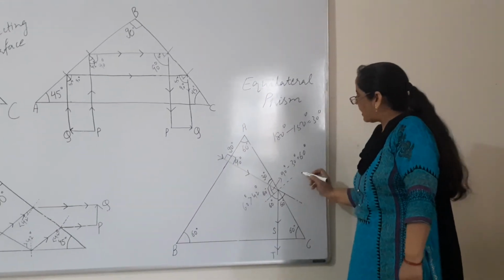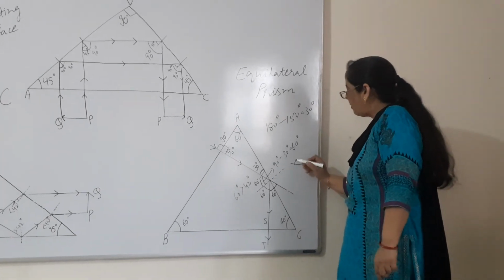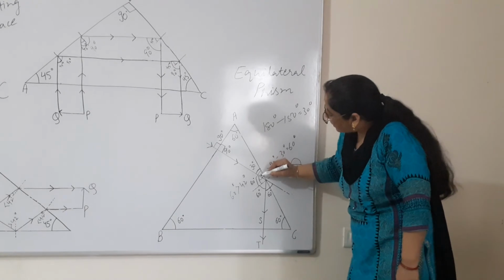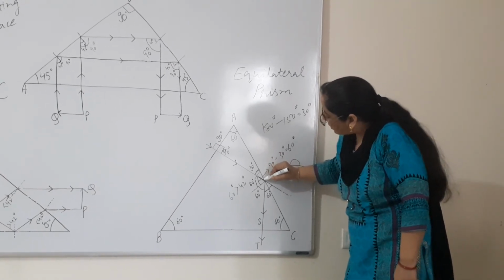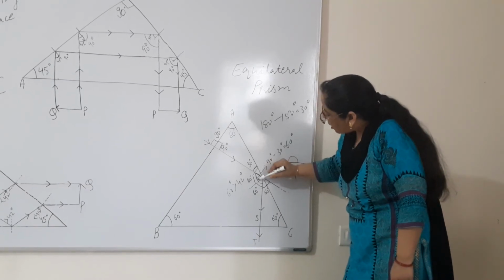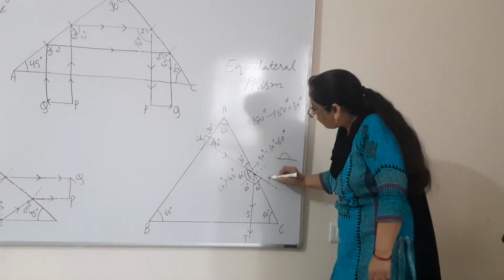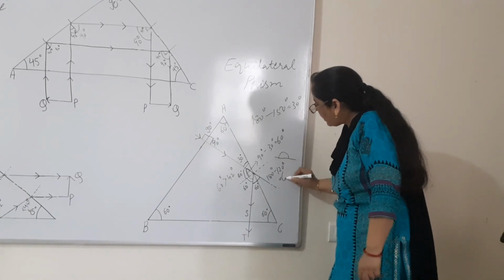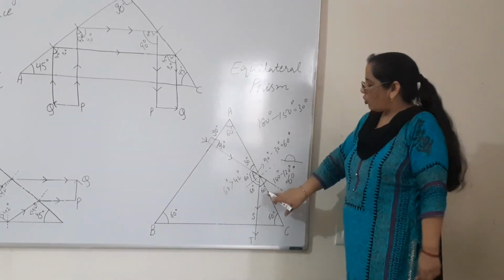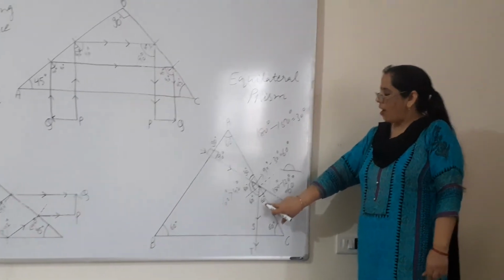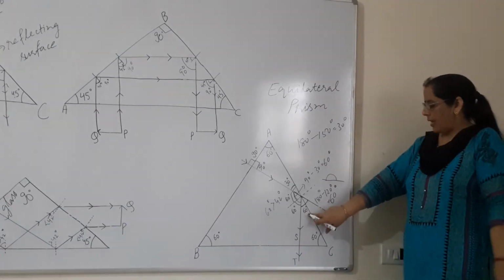I think everybody has read about the straight line angle. This is a straight line. So this is 60 degree, this is 60 degree, and the total angle is 180. So 180 minus 120 degree will be 60 degree. So the ray will get deviated by 60 degree.